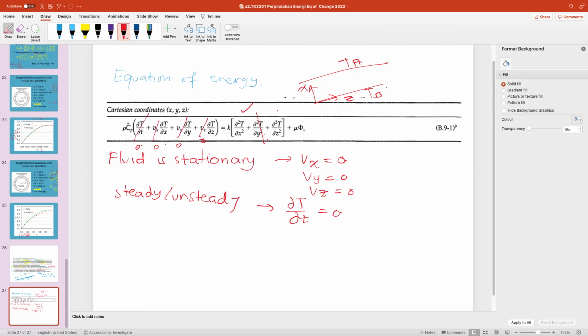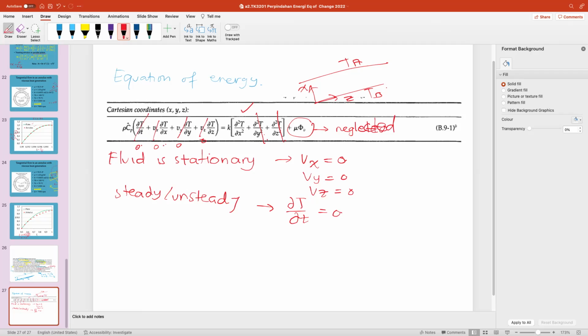No. If you had a flowing fluid, maybe we would have a change in the z direction, but here the fluid is stationary. And this term is viscous dissipation, which also can be neglected because we don't have much change in velocity.